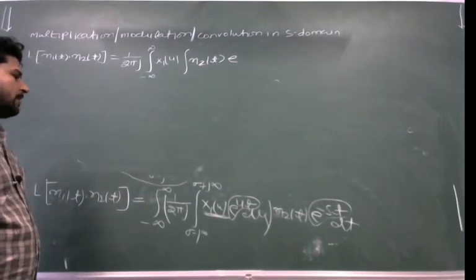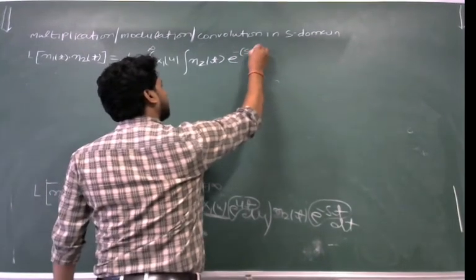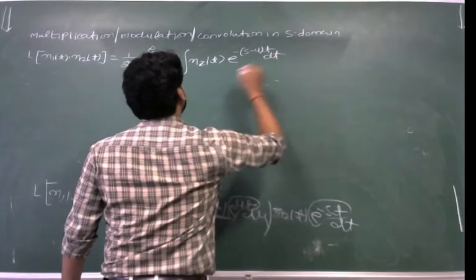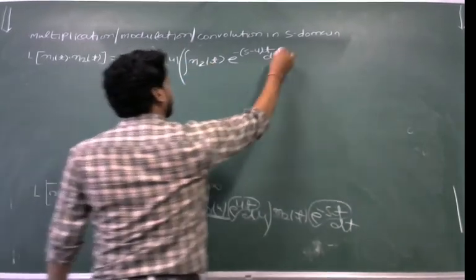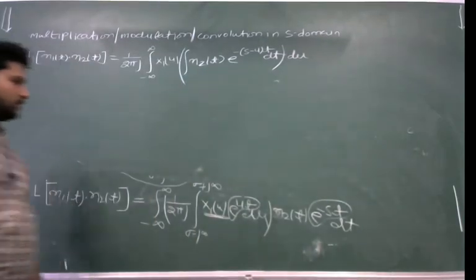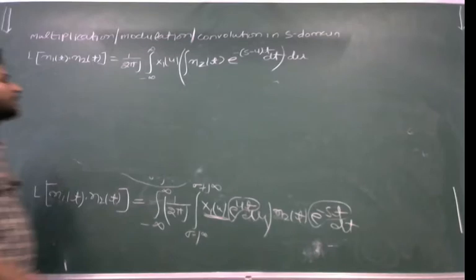So this will become e power minus (s minus u)t dt, and the whole integration is with respect to du.